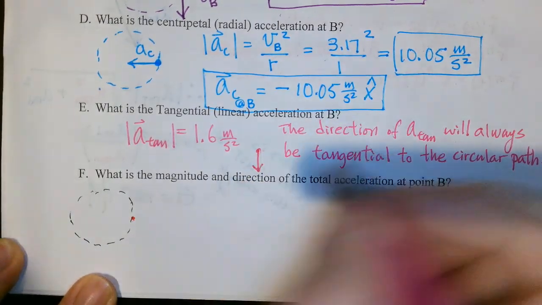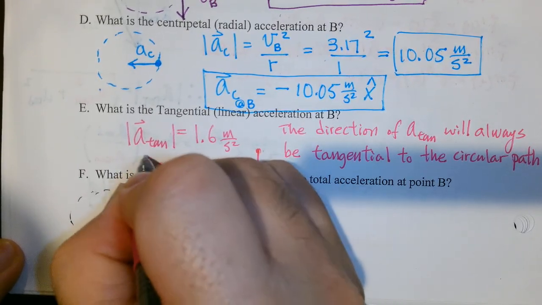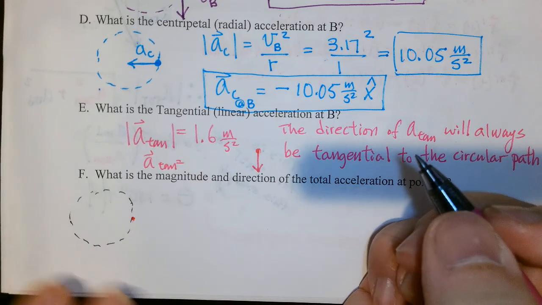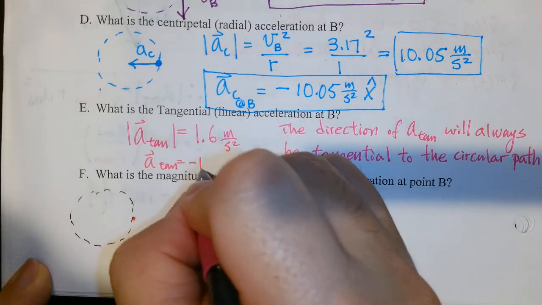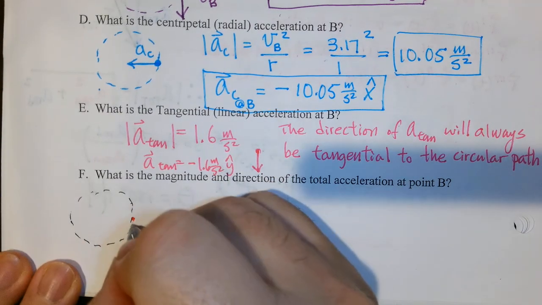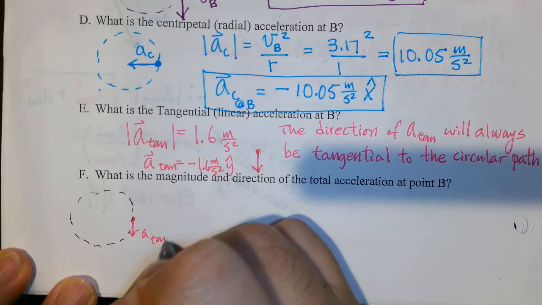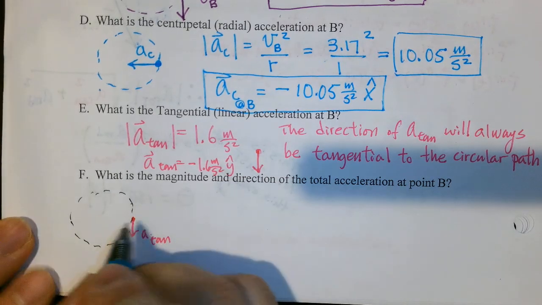So you can say A tangential is equal to negative 1.6 meters per second squared y hat. So we know this is A tangential.